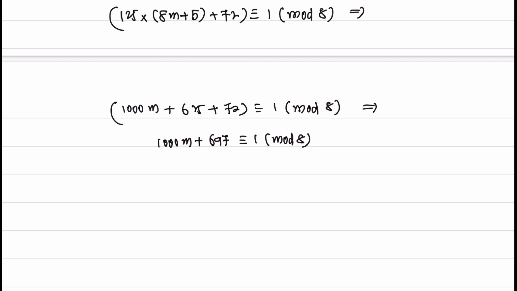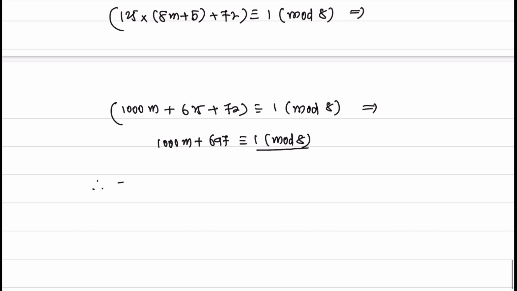And ultimately everything we converted into 1 mod 8. And what is the answer we have to get? This 1 mod 8 can be written as 1000m plus 697 equivalent to 1 mod 8.